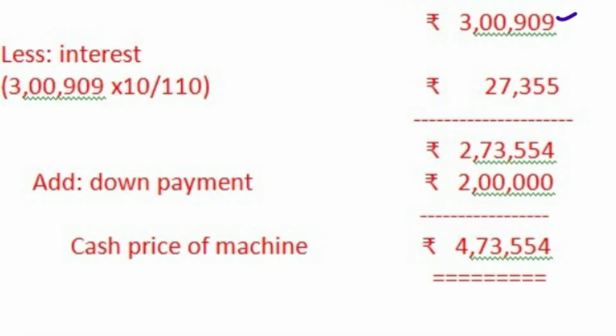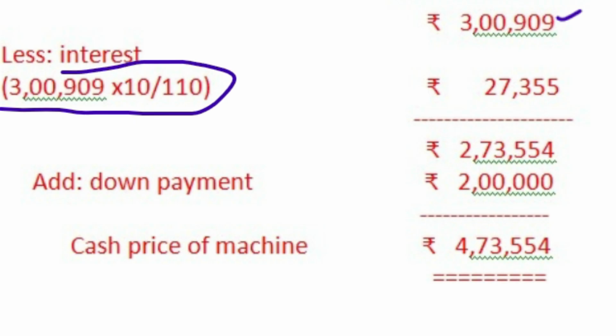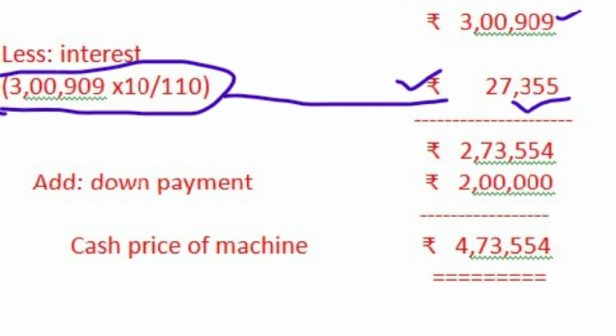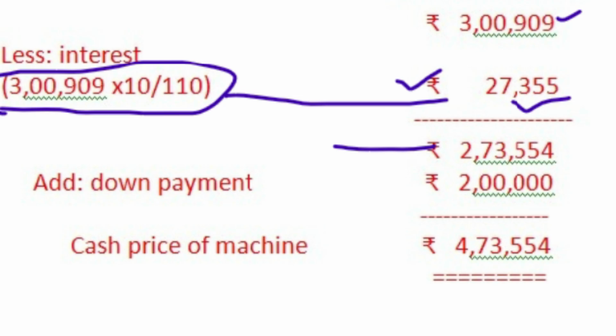The total amount is 3,00,909. Now again the interest is to be calculated on this 3,00,909. The same way, the value is 27,355 interest amount, and after deducting it, we get 2,73,554.